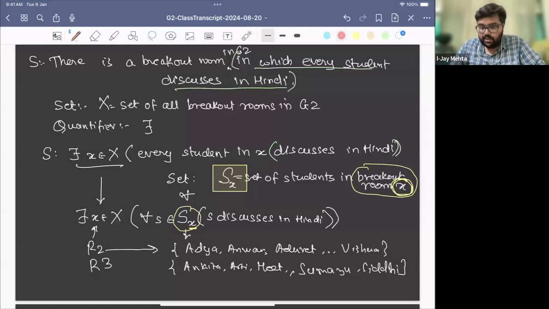What is a negation? See, the statement says there is a breakout room with some property. We can find some breakout room with some property. What is a negation?